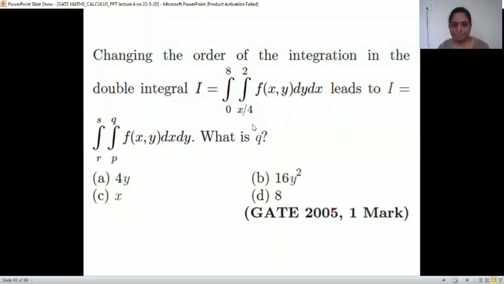Anyone done? Please unmute and tell me the answer. This was a question asked in GATE 2005 for 1 mark. Do it rough, fast. Tell me the answer.